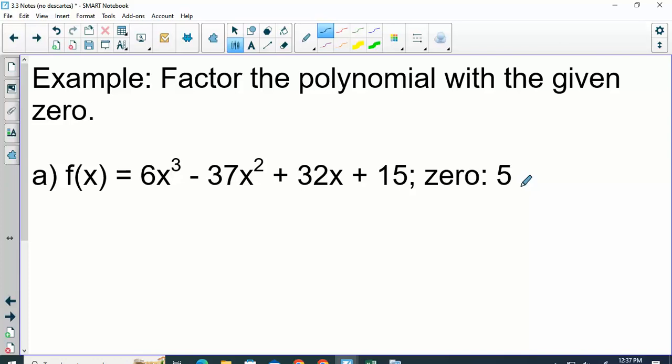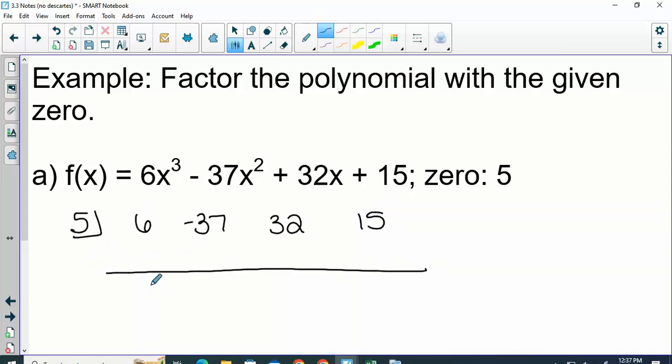However, if I give you the first 0, we are going to start synthetic division with that 0. So my 5 goes here, my coefficients. Down.